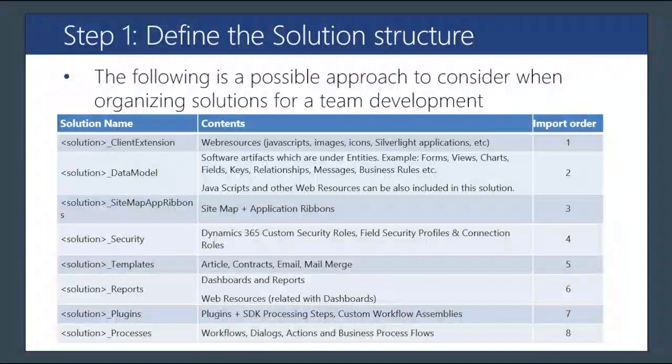And the reason that we specify the import order is because when you're doing these different solutions and then you're creating that ultimate package, or the series of solution packages that you're going to want to put back into your Dynamics instance, this is the order that they should go in. These are the types of things that you want to consider when you're defining a structure where this could be managed.